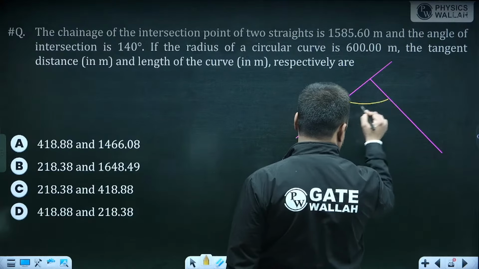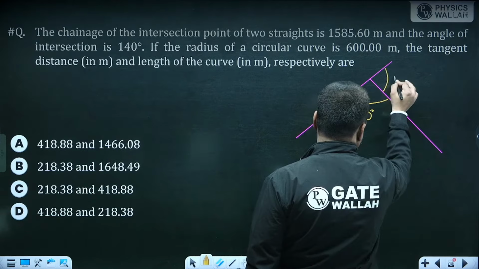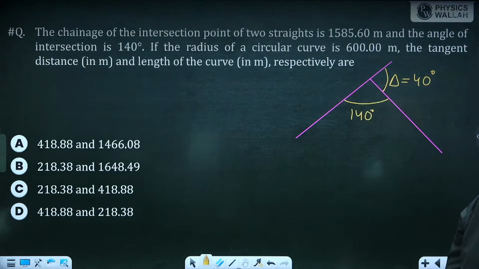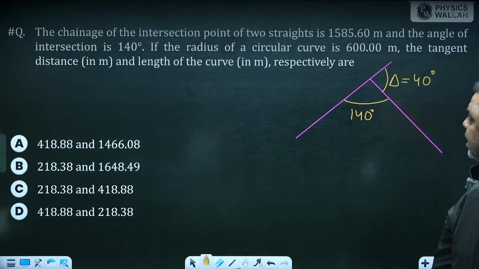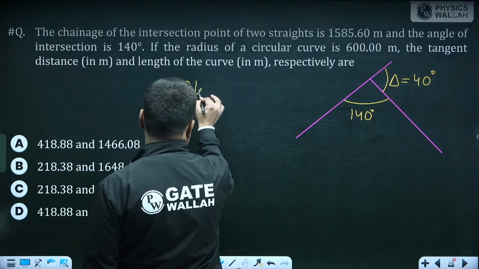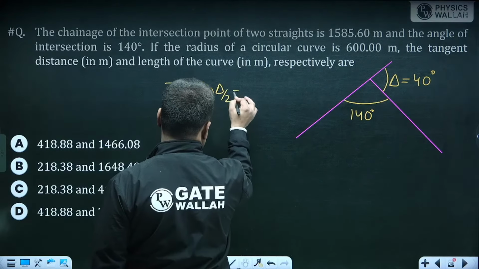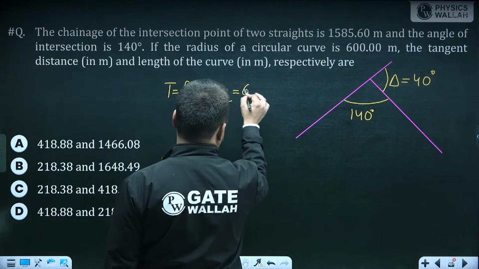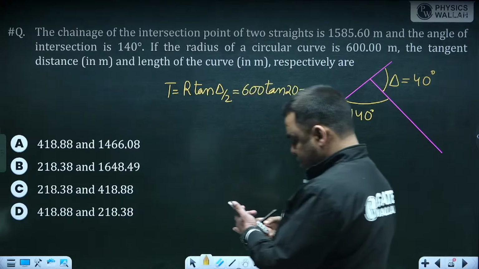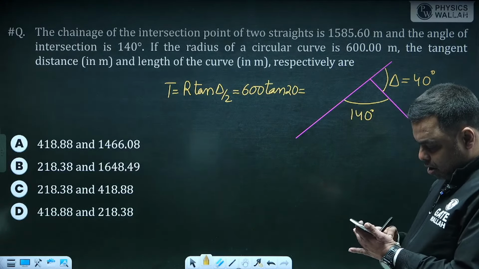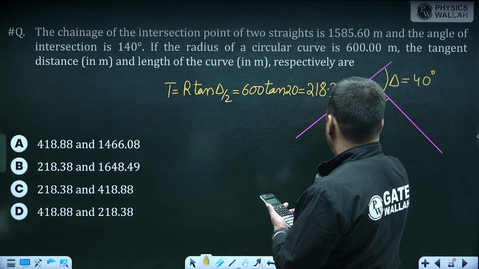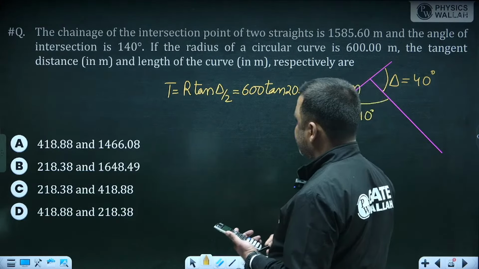This angle is 140 degree. So delta would be 40 degree. The tangent length and the length of the curve. T is equal to R tan delta by 2. Radius of curve is 600 meters. Tan 20. This is 218.382 meters.